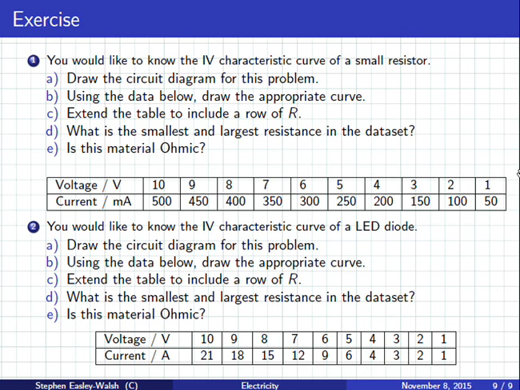Okay, so let's go back to my graph here. The slope here, is it bigger or smaller than the slope here? So this slope, it's smaller than this one. So if the slope is smaller, then what do we say about the resistance?